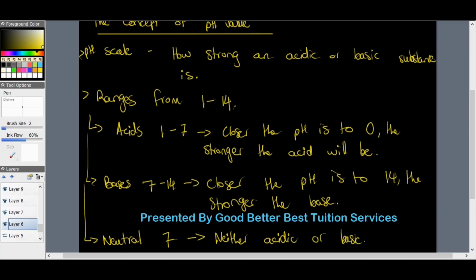It's not an acid and it's not a base, it's neutral. That is about, I would say, purified water. Tap water has some chemicals in it, but purified water, so water that is pure, just water with no other substances in it, is about 7.